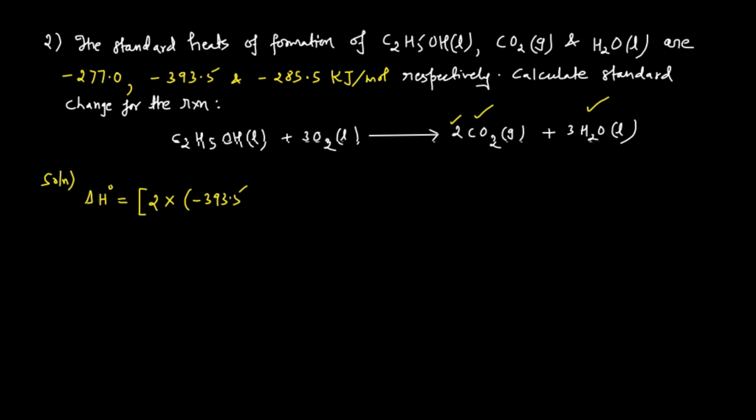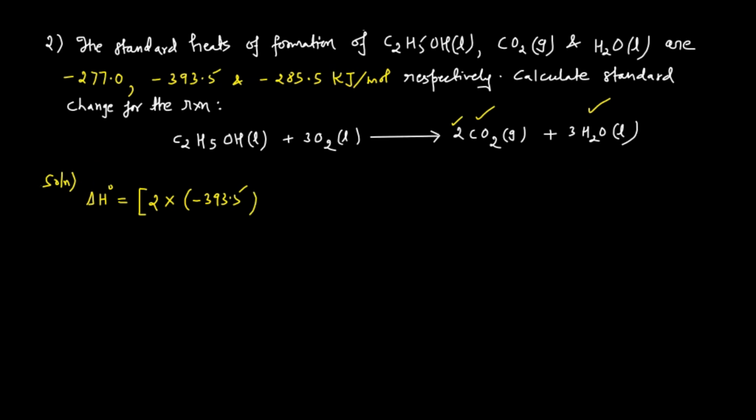bracket close, plus your second product, which is your water, and 3 moles of water are there. So this value is multiplied by 3, 3 multiplied by minus 285.5. Okay, this is all about the products.